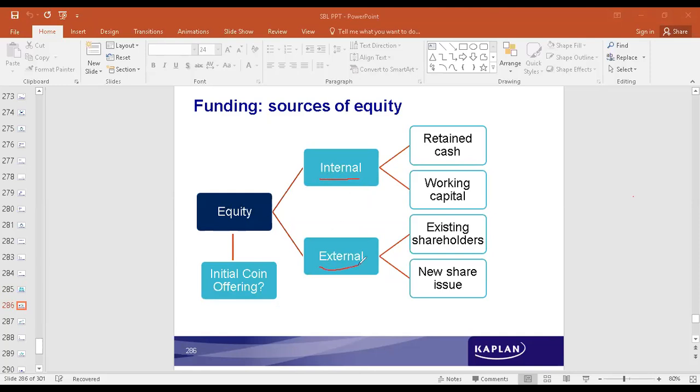From external source, we see that capital is pooled in from the shareholders. Broadly speaking, there are two sources of capital. One is from the external investors who are the debt holders. Another source is from the shareholders.